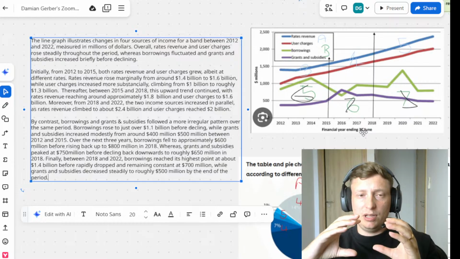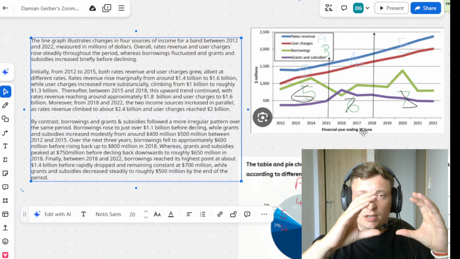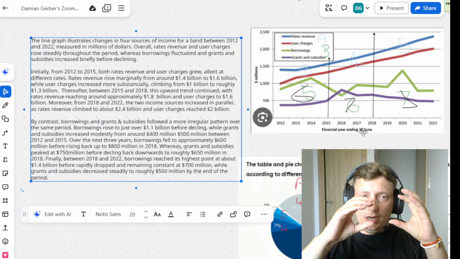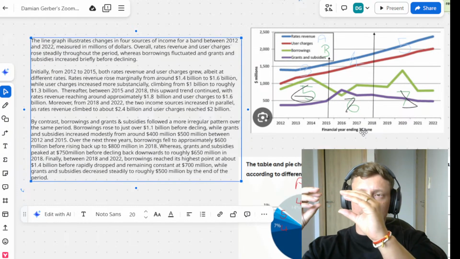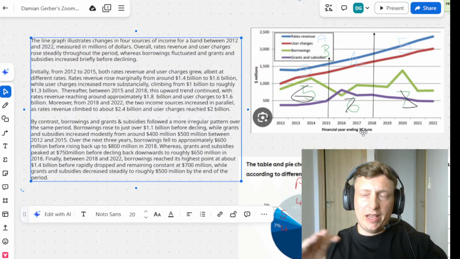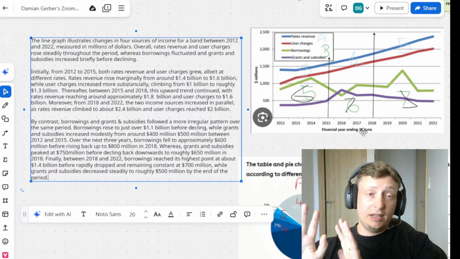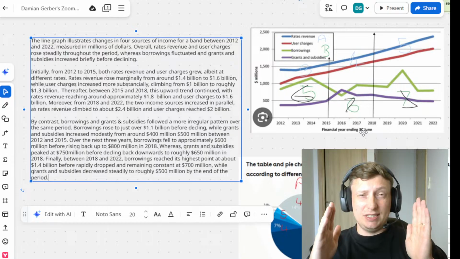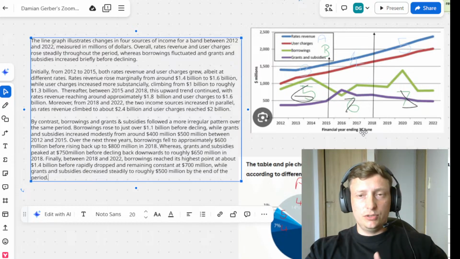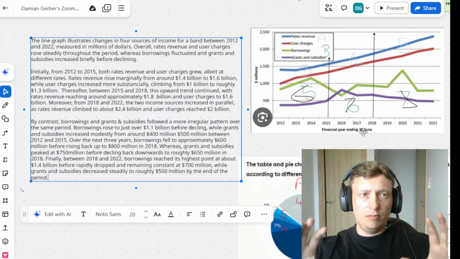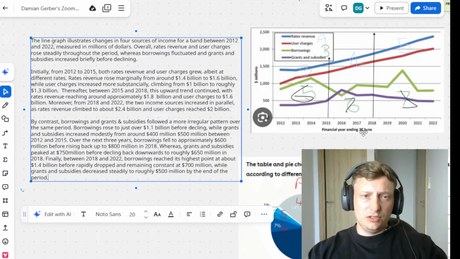So you can absolutely go with linking word, statement, years, numbers, or you can go linking word, numbers, years, statement. This order can be mixed around, and for higher levels of writing, definitely should. But I just wanted to clearly illustrate that you can use a pretty simple structure to write up to a band 7.5, and you don't have to get too complicated and too fancy, just to show you how it can be done in 20 minutes.